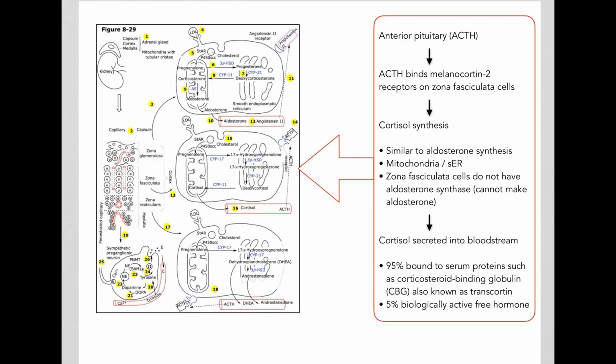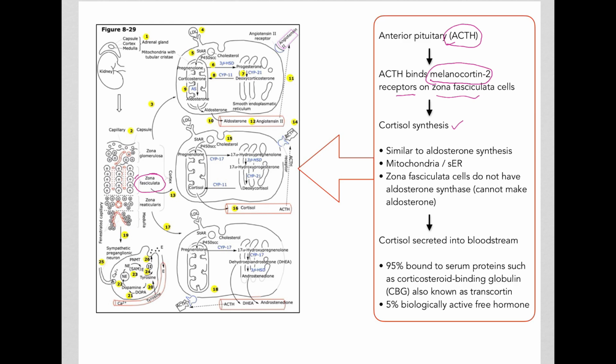Cortisol is synthesized in the zona fasciculata cells of the adrenal cortex. Basically, the ACTH that is released from the pituitary gland will bind to receptors on these cells, called melanocortin 2 receptors, and that leads to a signal transduction which stimulates cortisol synthesis.